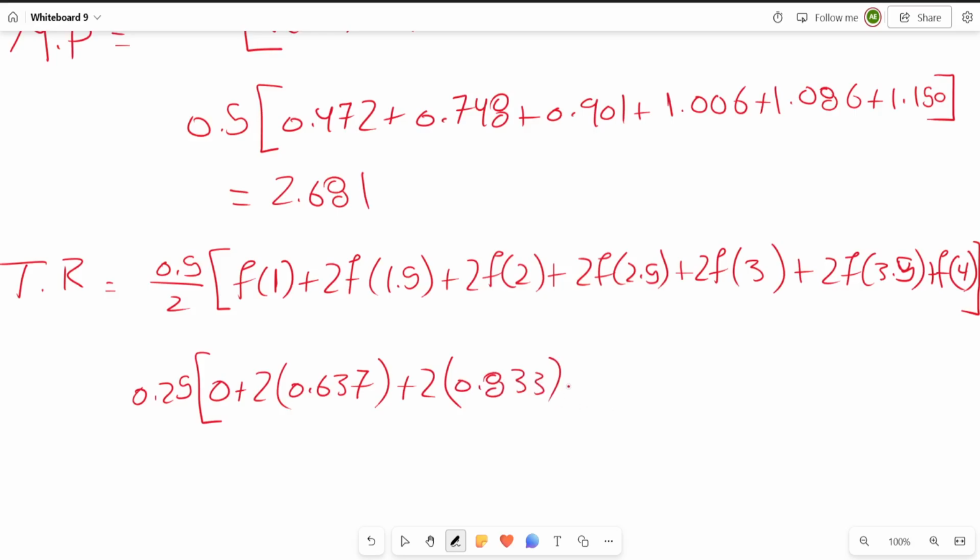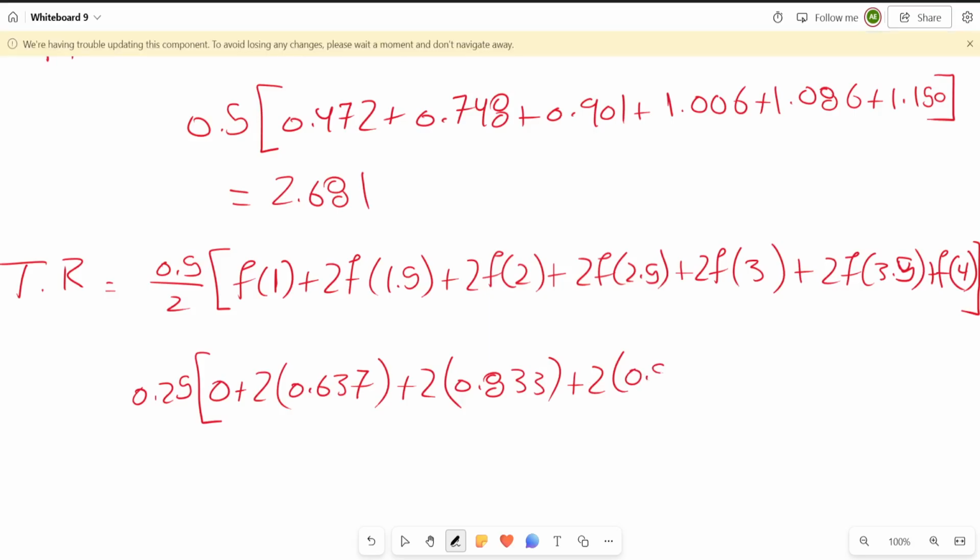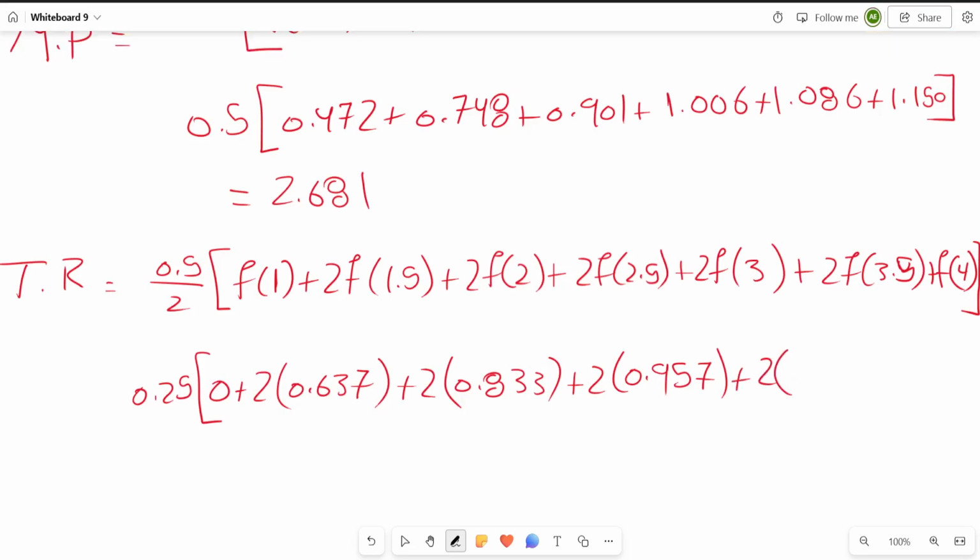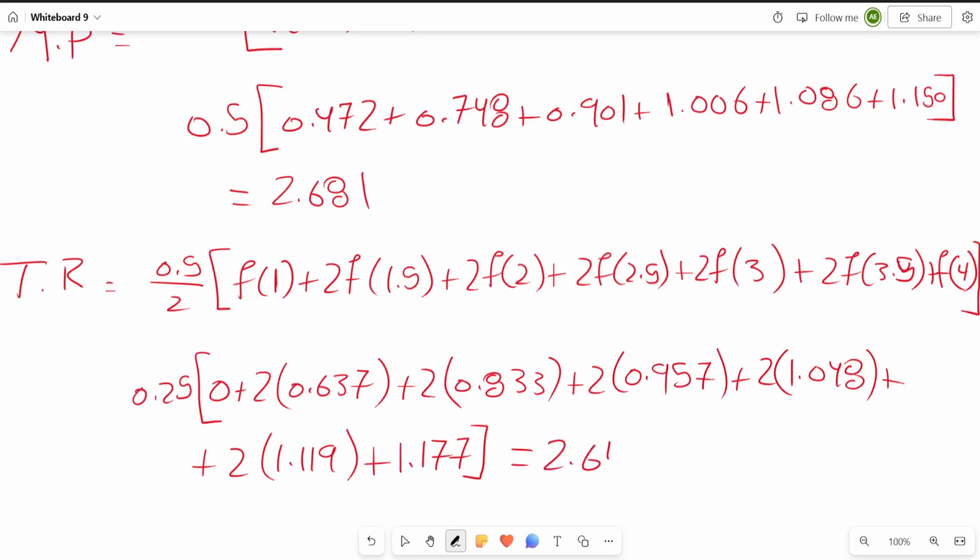Plus 2 times 0.957 plus 2 times 1.048 plus 2 times 1.119 plus f of 4. So basically square root of ln of 4 is going to be 1.177, and this is going to give me an answer of 2.616. So over here we can see that they're very close to each other.